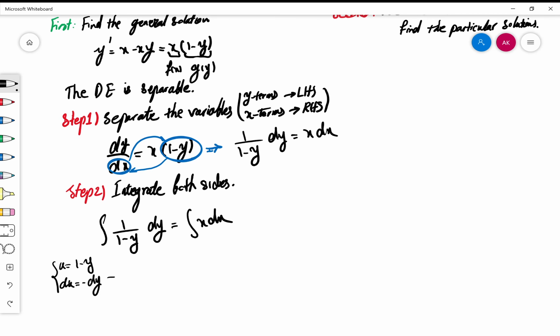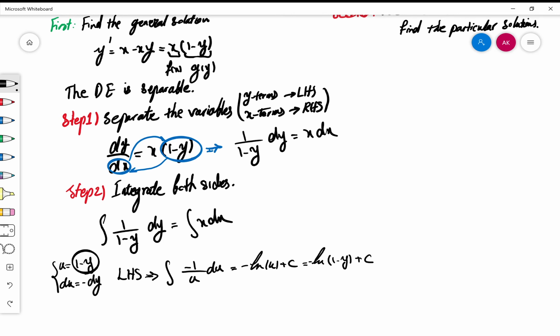So if I apply the substitution to the left hand side, I will get negative 1 over u du. And this is the same thing as negative ln of u, which is negative ln of 1 minus y.